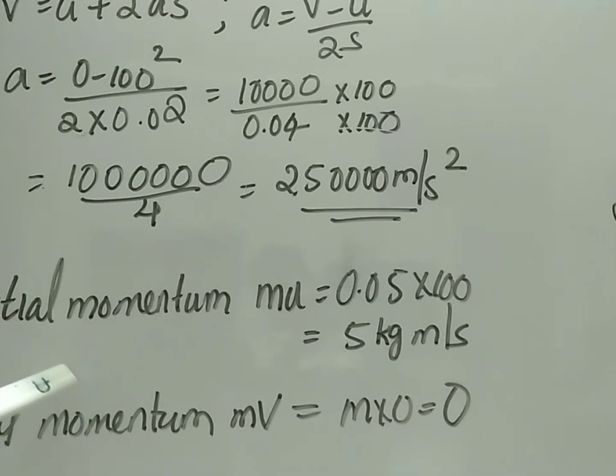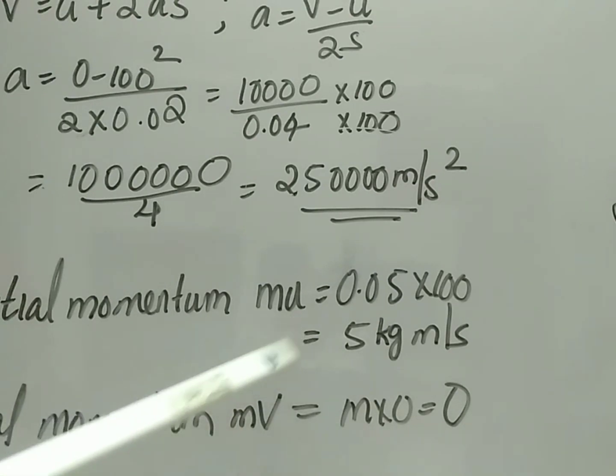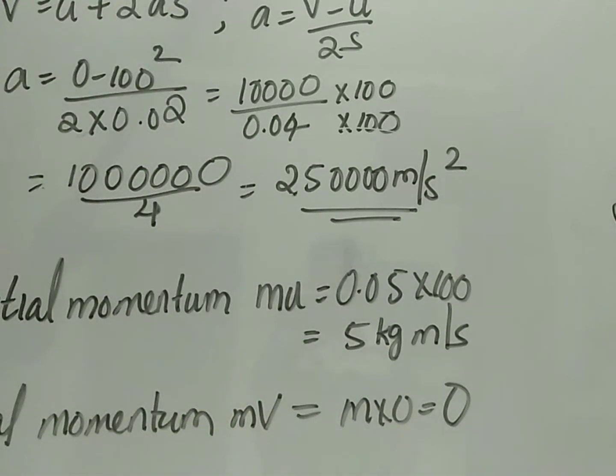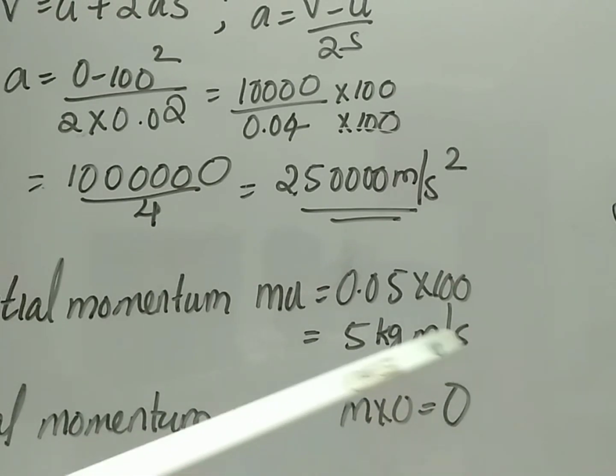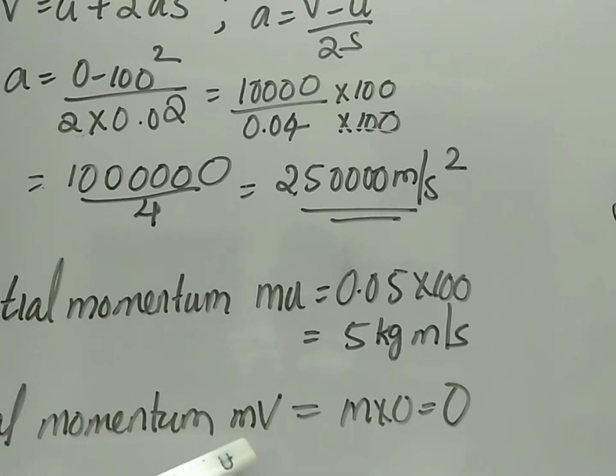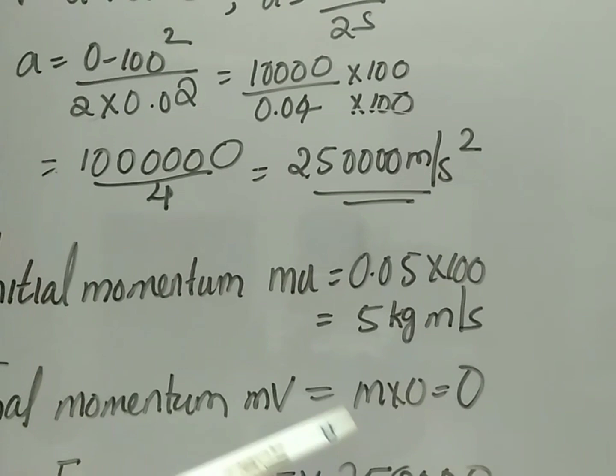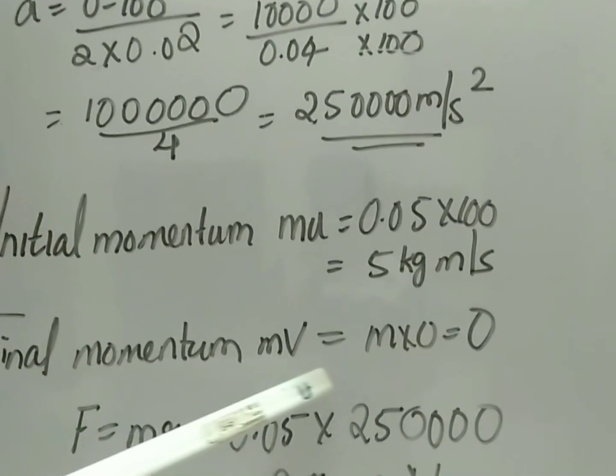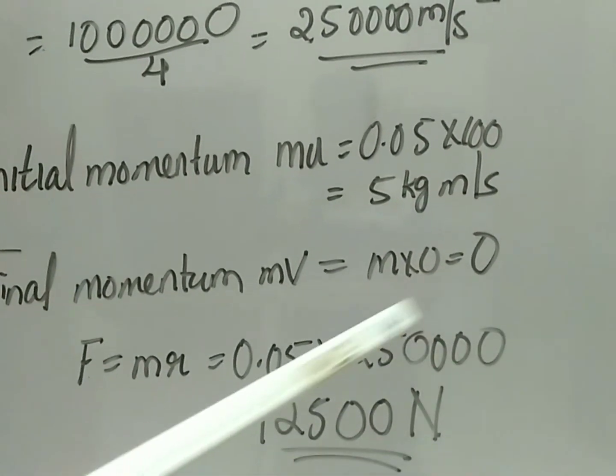The formula for initial momentum is mass into initial velocity, mu. We have mass 0.05 and u is 100. You will get 0.05 into 100, that is 5 kilogram meter per second. Final momentum is mass into final velocity. It is coming to stop, so final velocity v is 0, m into 0 is 0.